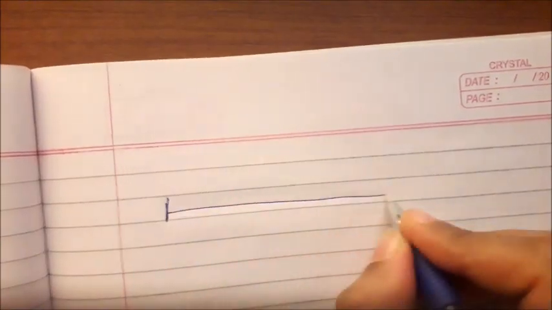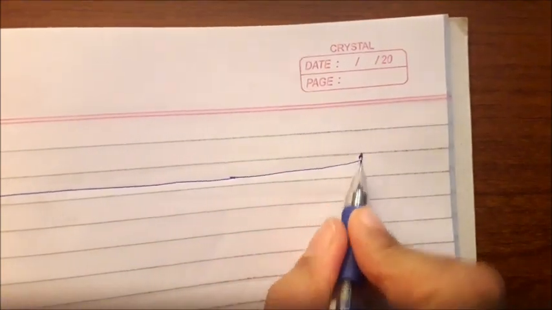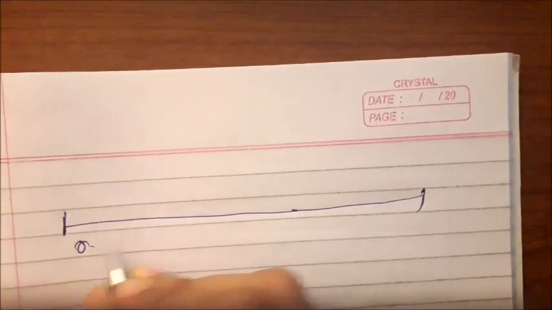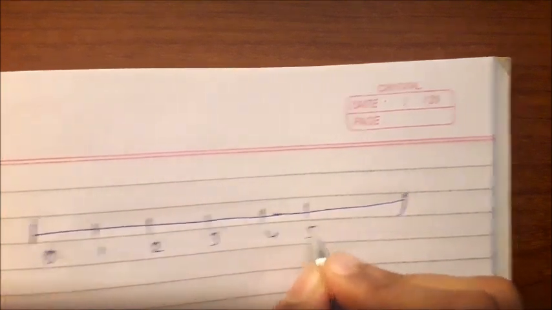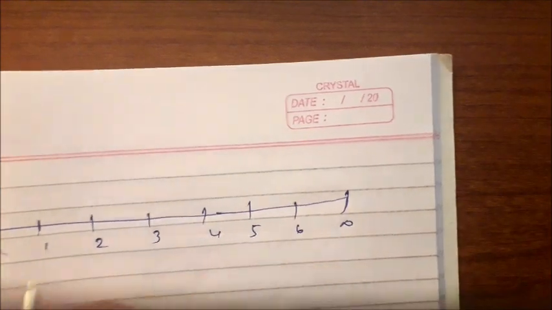So if we draw the time scale: zero year, 1, 2, 3, 4, 5, 6, infinity period of time.